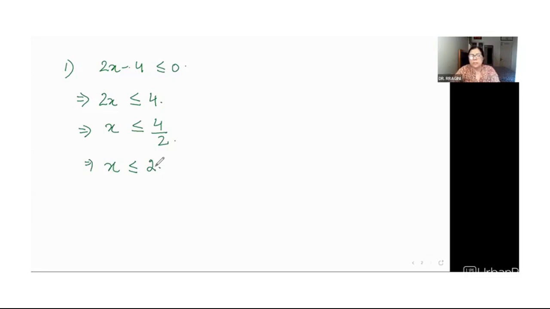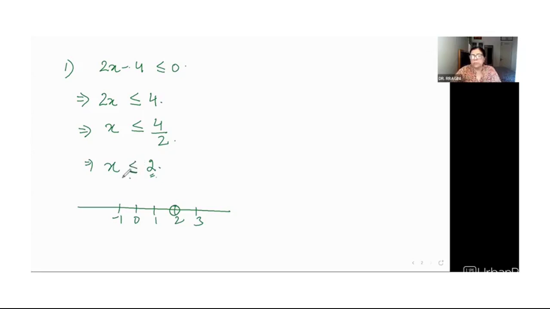Now how to express the answer? First of all, I am expressing this answer on a number line. One thing you have to learn: the value of x is 2, so circle 2.